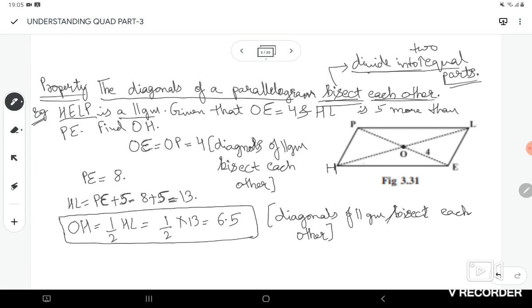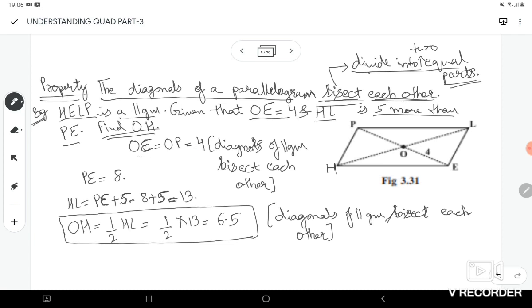HELP is a parallelogram. You can see in the figure, it is given that OE equal to 4 units and HL is 5 more than PE. We have to find the value of OH. So we are going to use the property that diagonals of a parallelogram bisect each other into two equal halves.